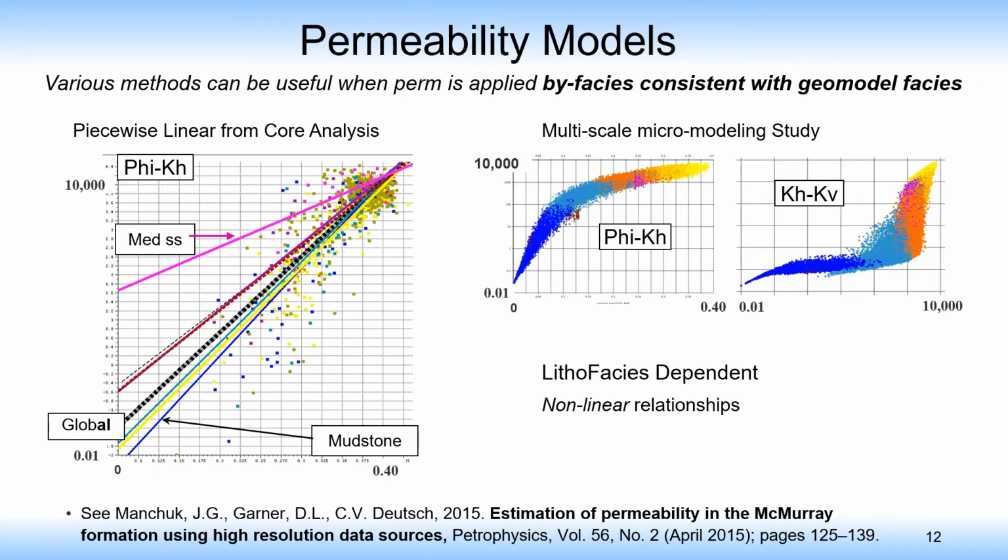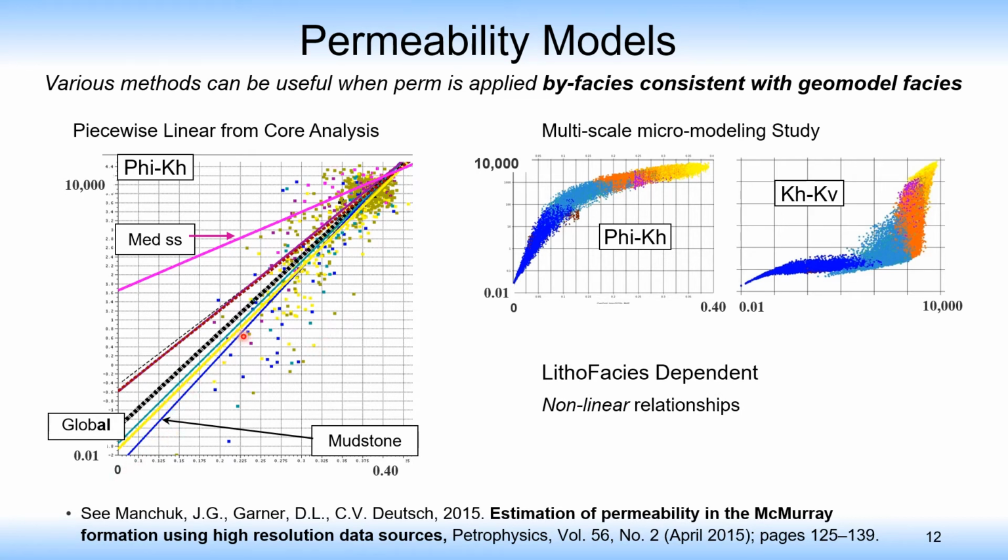Permeability is maybe the most important parameter for flow in the thermal oil sands. There are different methods that can be useful, and we apply them by facies, consistent with the facies in the geomodel. Core analysis can be used, although it does have issues in oil sands.